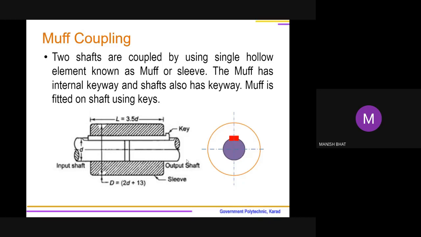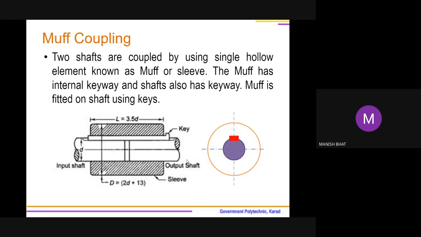So whenever we are using muff coupling, forged coupling, flanged coupling or protected flange coupling, alignment between two shafts is necessary, and it does not permit any misalignment between two shafts.